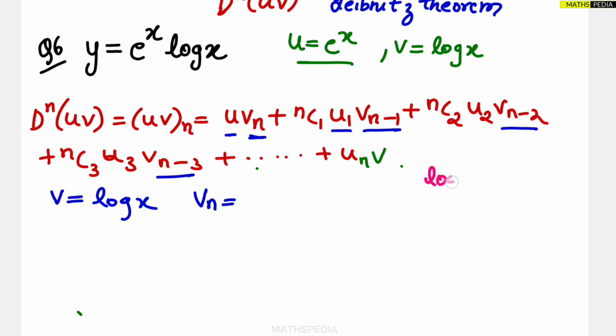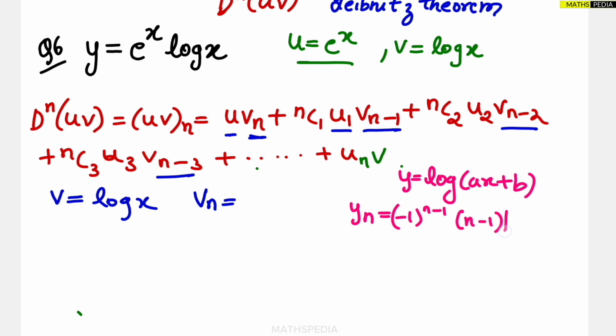The formula is: for y equal to log of ax plus b, the nth derivative is minus 1 power n minus 1 into n minus 1 factorial into a power n, whole divided by ax plus b power n. This formula has to be applied here.